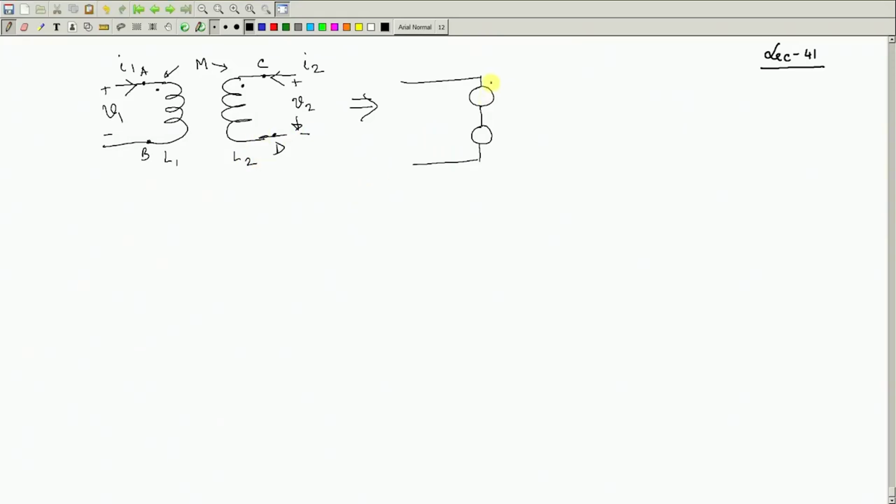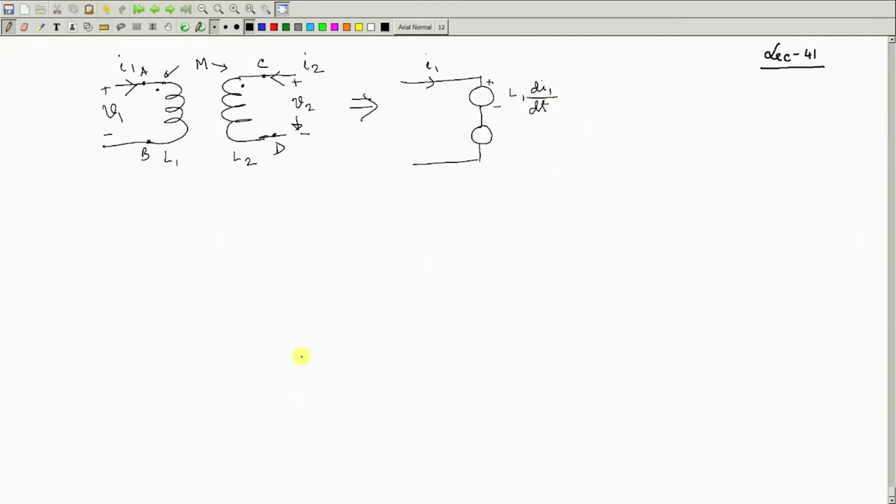Now look at the direction of the current for the L1 part. It will be plus here, minus here, because I1 is entering. That gives L1 dI1/dt.